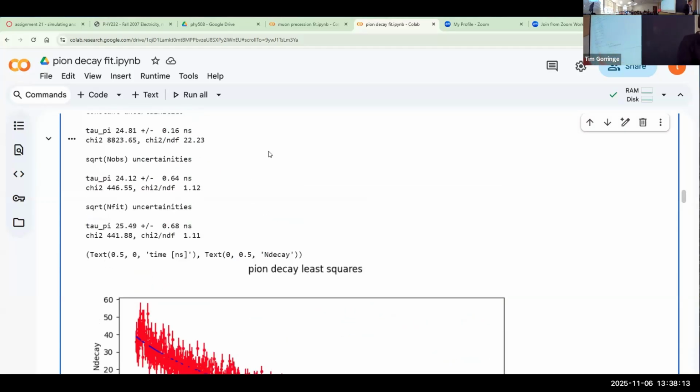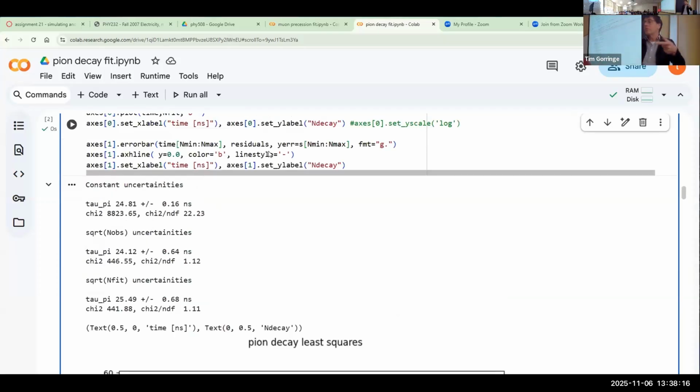Upstairs is my printout from these 3 steps that we took in increasing sophistication of the fitting. The first step was unweighted data points without specifying any uncertainties. Remember, the true lifetime, the truth in our simulation, was 26 nanoseconds.